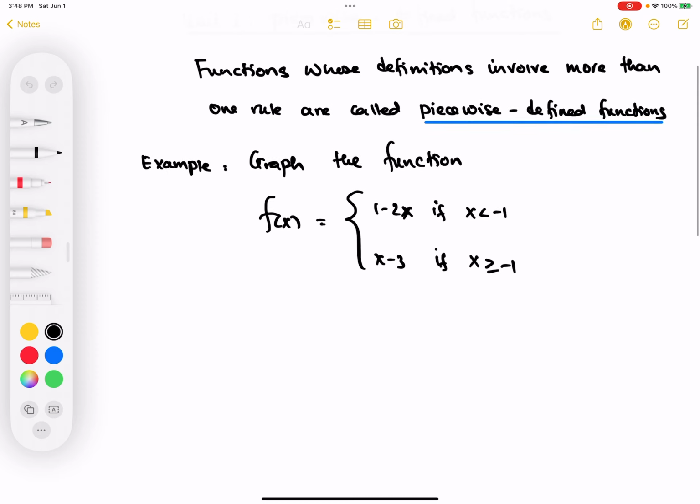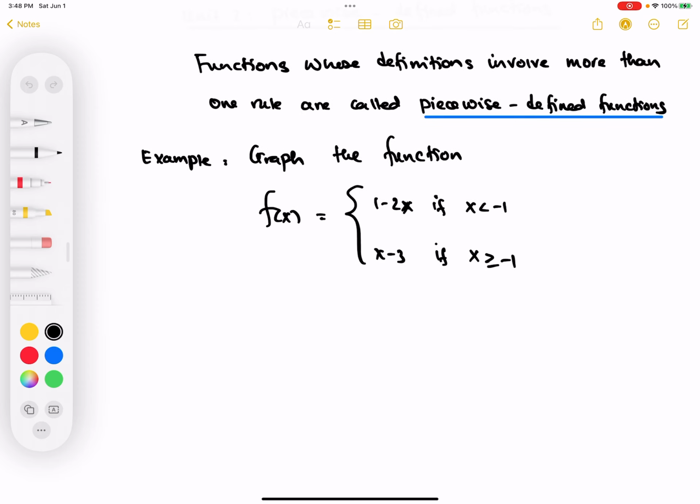For example, if you look at this one, the first piece is 1 minus 2x if x is less than negative 1. The second one is x minus 3 if x is greater than or equal to negative 1. So look at this one. These are intervals, important intervals.